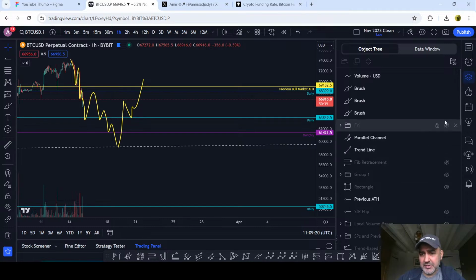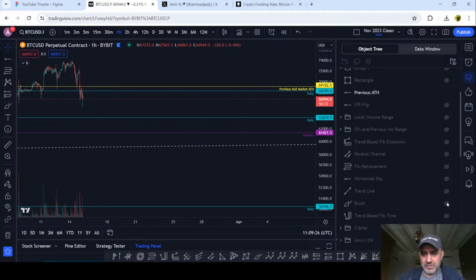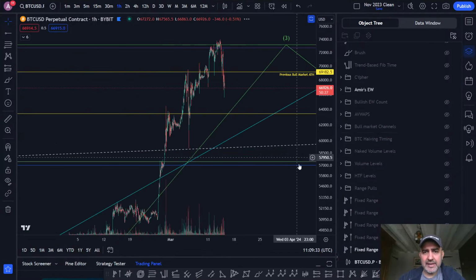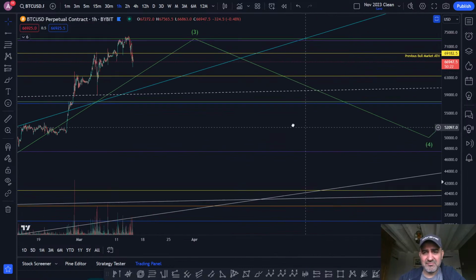And then let me just bring up my EW. Just have a look at that again. Is that the end of wave 3?